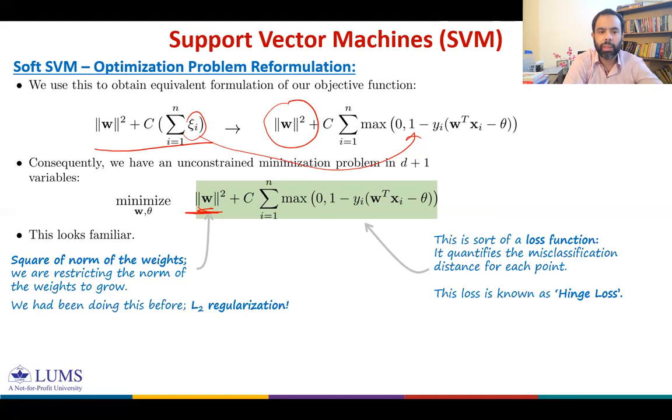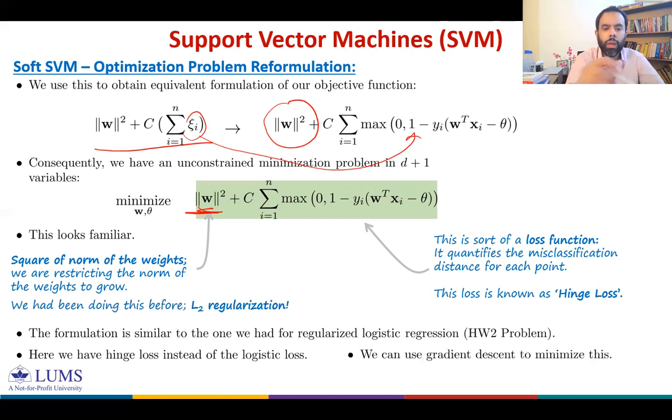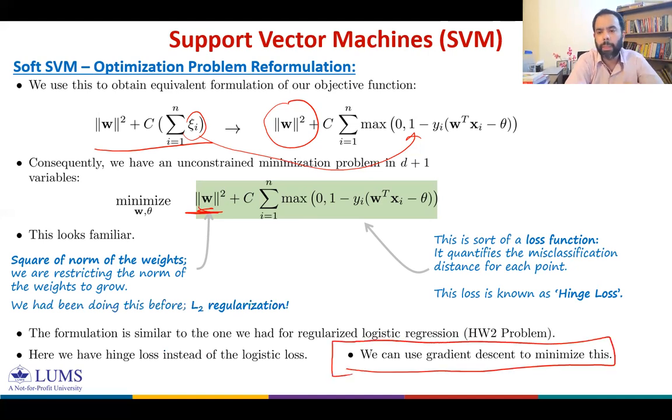So this is similar to the one we had for regularized logistic regression. On the right hand side, the loss function. On the left hand side, the L2 penalty term. The only difference is we are using hinge loss instead of logistic loss. And the good thing is we can use gradient descent to minimize this.